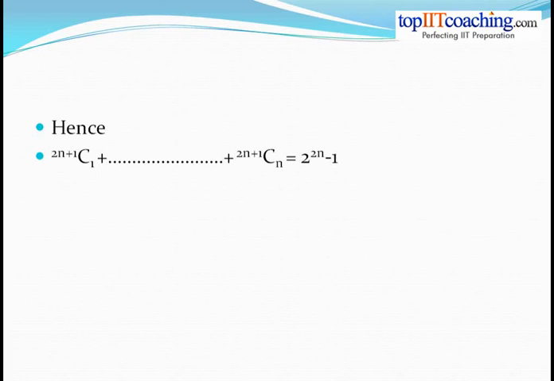So we get 2n plus 1 C1 up to 2n plus 1 Cn is equal to 2 to the power 2n minus 1. This is equal to 63 according to the question. So 63 is equal to 2 to the power 2n minus 1, or we can say 2 to the power of 2n is equal to 64, or we can say n is equal to 6 by 2, that is 3.